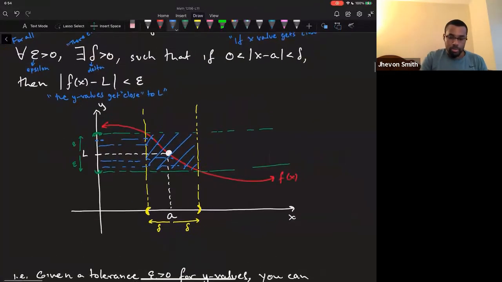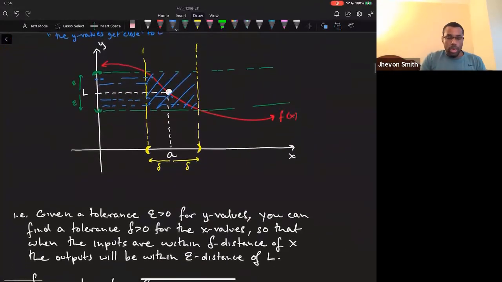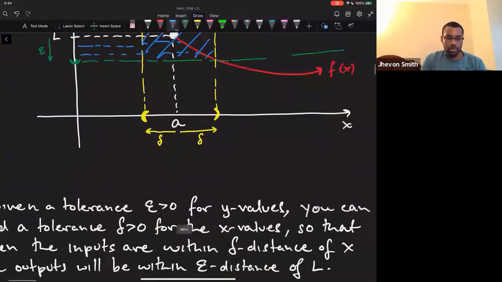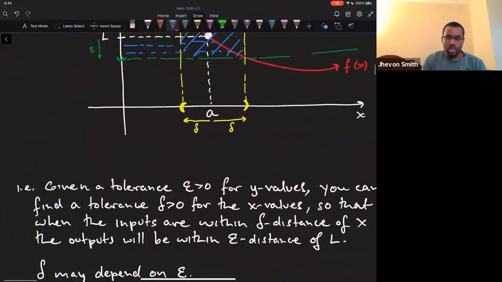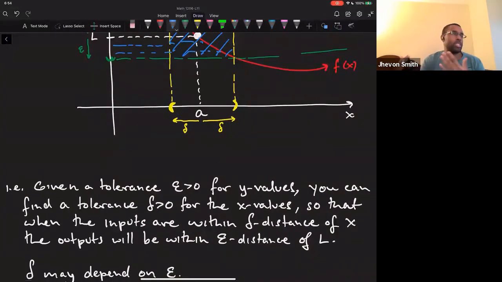So how we want to think about this is that given a tolerance epsilon for the y values, someone will say, I want my y values to be this close, right? You have no control over that. Someone's going to say, this is what close means to me.